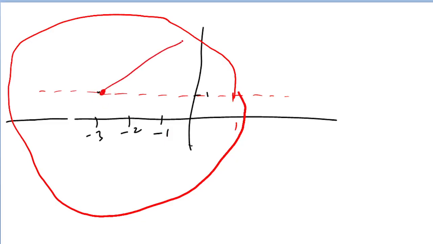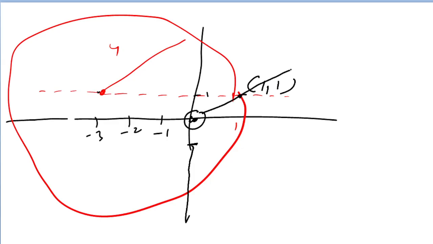This is the origin. Now they are saying pi by 4. This point is 1 comma 1, and since it is 1 comma 1, obviously the pi by 4 line passes through this point.